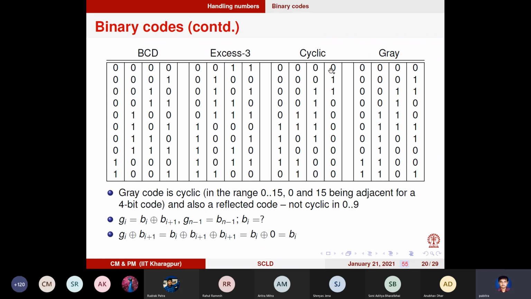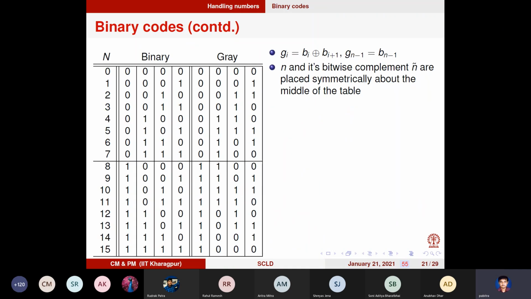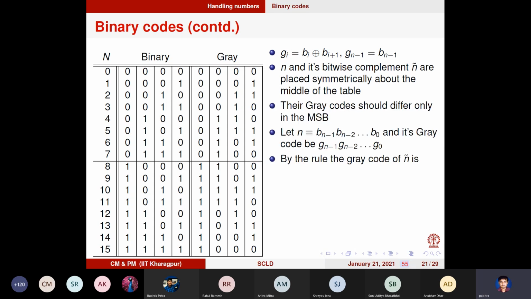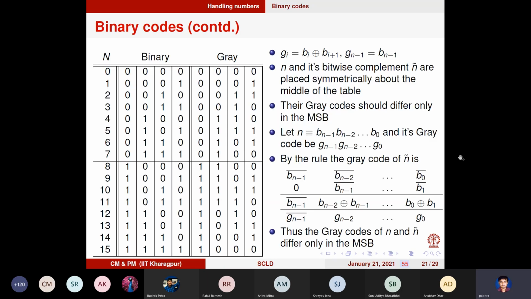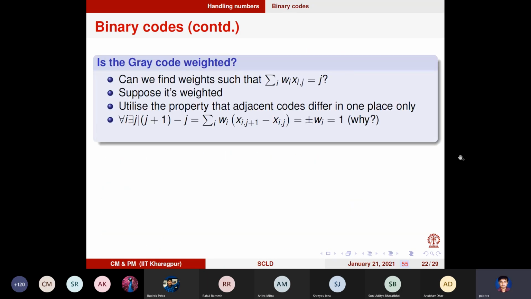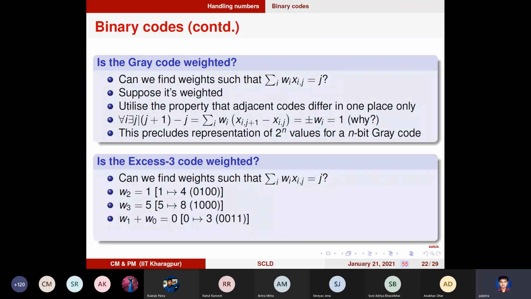You can do a number of bitwise complement and XOR operations to do this. I don't think I'll do it today, so maybe I'll stop here. I will come to this conversion and then to other questions, like what the weights are for gray code and other cyclic codes. Okay, all right, thank you.